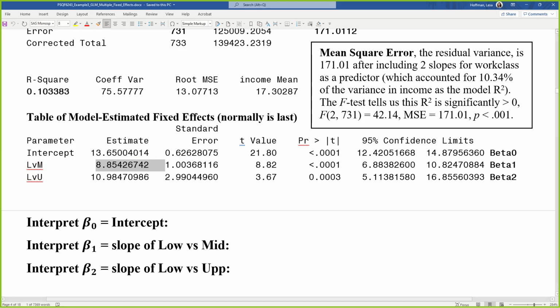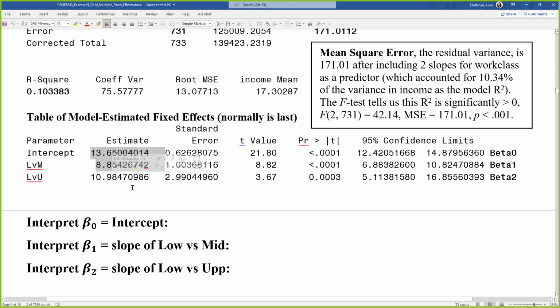So here, for someone in the middle category, it will be 13 plus 8. Exactly. Whatever X is. Somebody in the middle category, their predicted outcome starts with 13 for the low group, and then how it differs in the middle group is 8.8, and you add those together and 22-ish, whatever it works out to be.